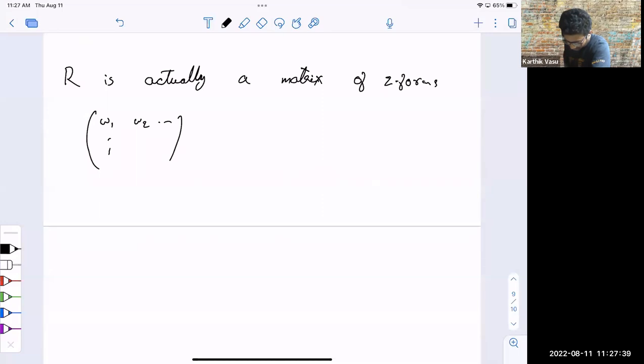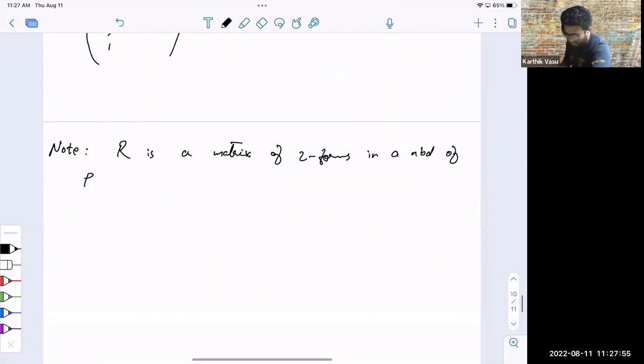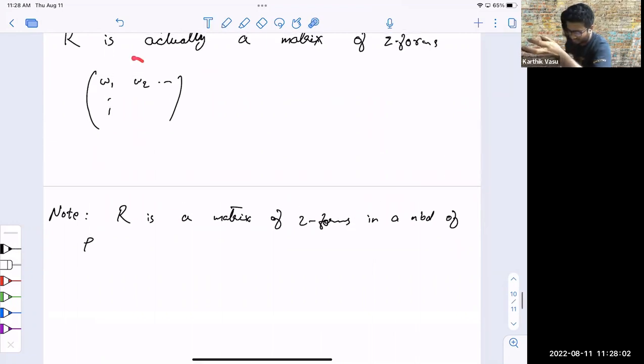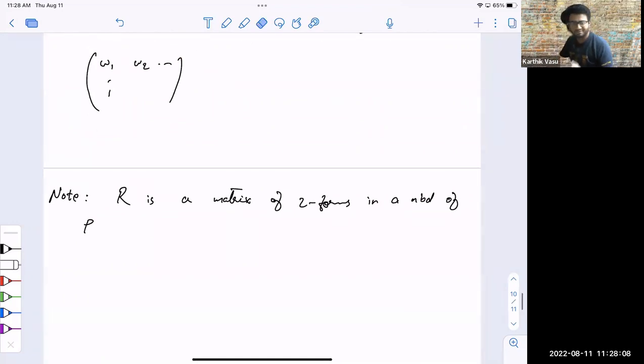So note, R is a matrix of two forms in a neighborhood of P. And if I change this neighborhood, I will get a different basis, and that will give me a different matrix of two forms. Okay. Are there any questions till now? I will tell you why I care about this, or why you would care about this, in a bit.